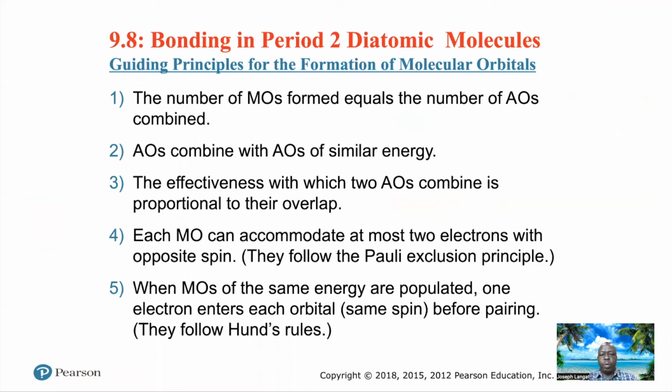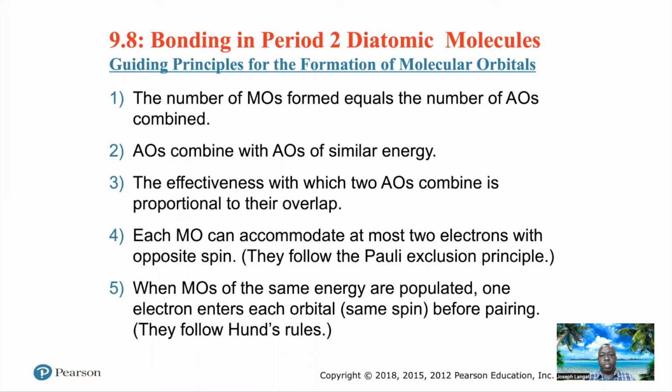Now, for section 9.8, bonding in period 2 diatomic molecules, these are the guiding principles for formation of molecular orbitals, or simply MOs. When you say MOs, these are molecular orbitals. AOs stand for atomic orbitals. Guiding principle number 1, the number of molecular orbitals formed is equal to the number of atomic orbitals combined.